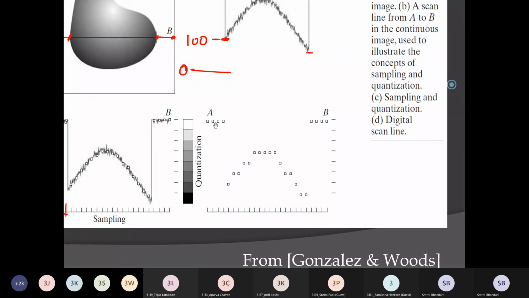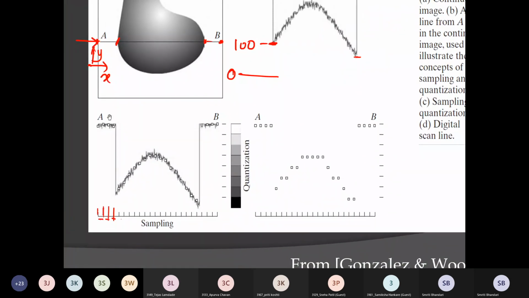Are you able to see this? Instead of having all the intermediate values, at this sampling interval I have this value, and at this sampling interval I have this value. I'll consider only those values, those coordinates. So digitizing coordinates is sampling.